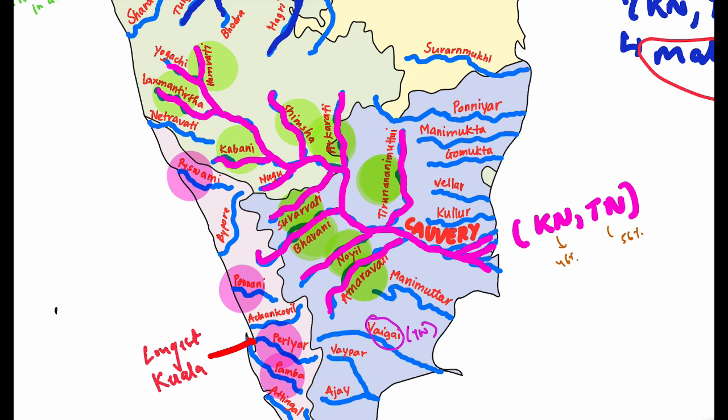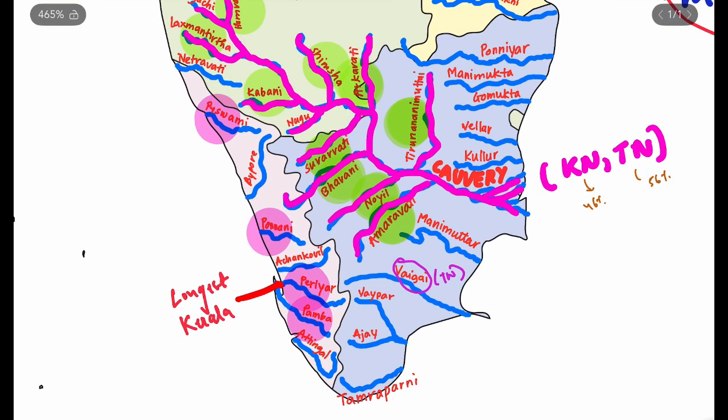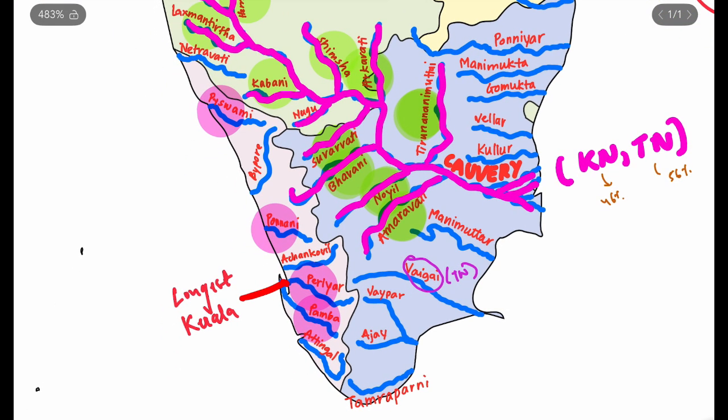Okay. Now some small west flowing rivers are these: Netravati, Paiswami, Baipur, Punnanni, Achankaru, Periyar. Periyar is important, very important. Periyar is the longest river of Kerala. Then Pamba, then Athingal, and then this is Tamrapani, Ajay, Vepar.